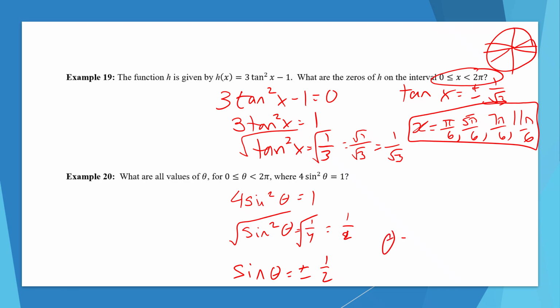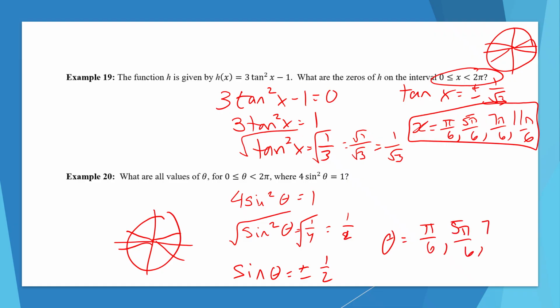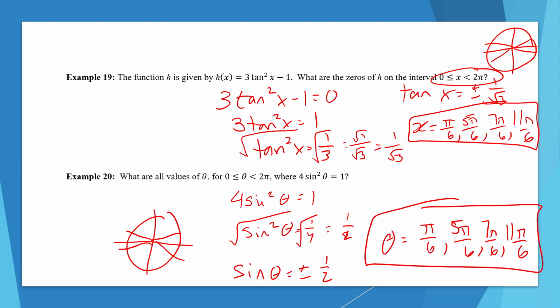And then here, sine is going to be equal to plus or minus 1/2 at a 30-degree reference angle. So it's going to be the over 6's. So pi over 6, 5 pi over 6, 7 pi over 6, 11 pi over 6. So that should be our answer to number 20.